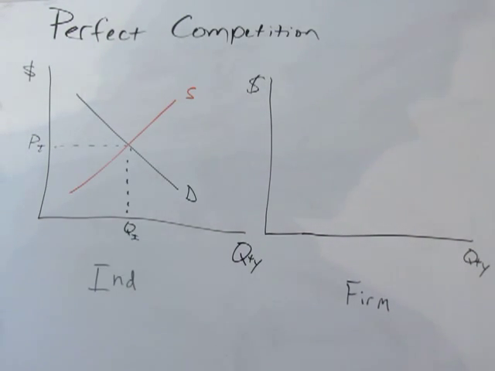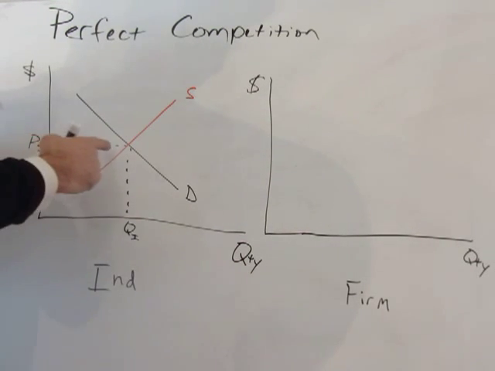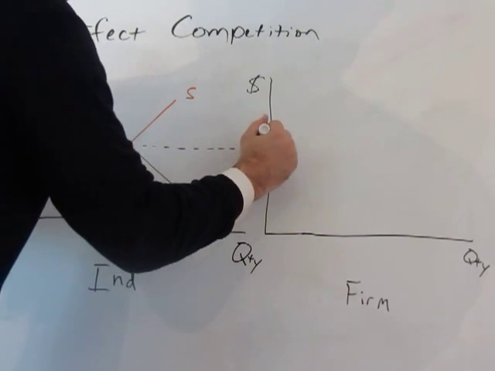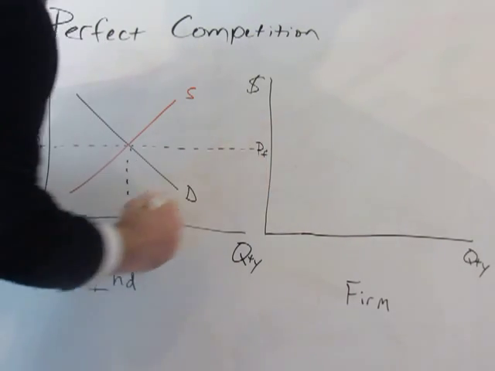Now, because all firms are about the same size and have about the same cost, they will also have the same price. If the industry price is set at this equilibrium here, we can extend that line over to the price for the firm.